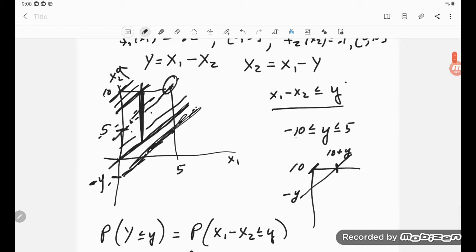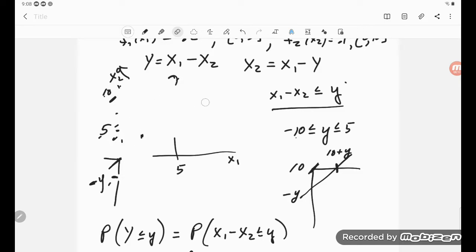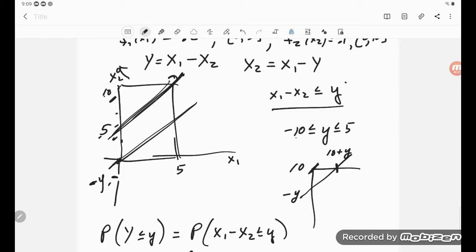Okay, so again, we can erase a little bit so we can see better what we have here. So now we are between a line that does that and a line that does that. Okay, so we're on some line and looking up here.